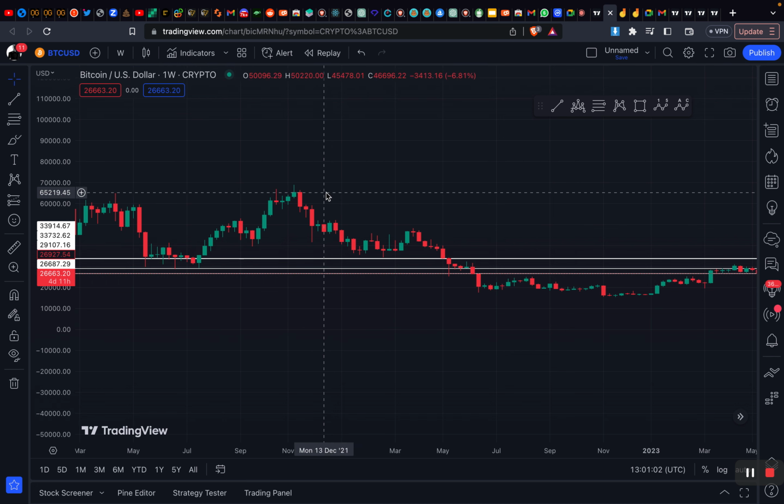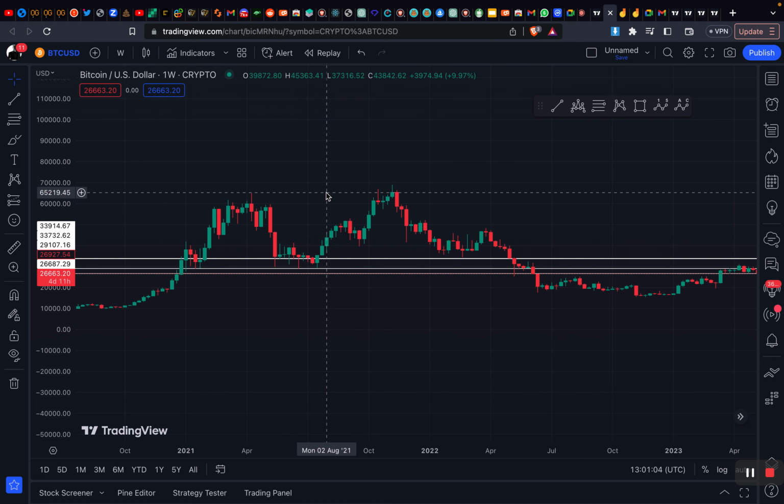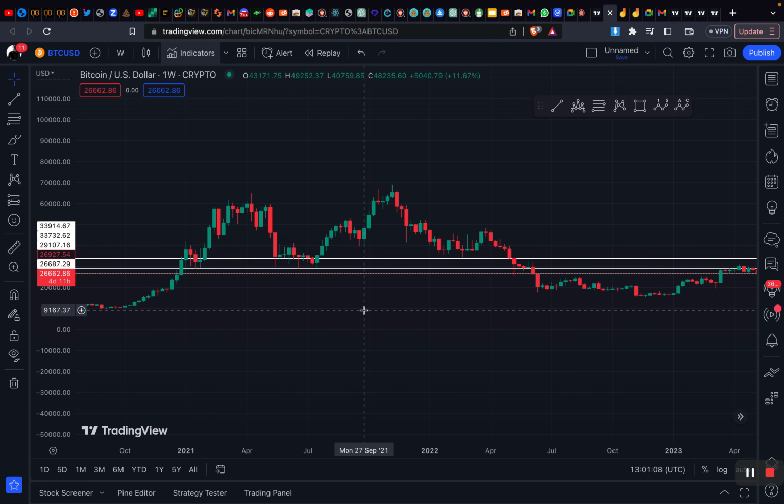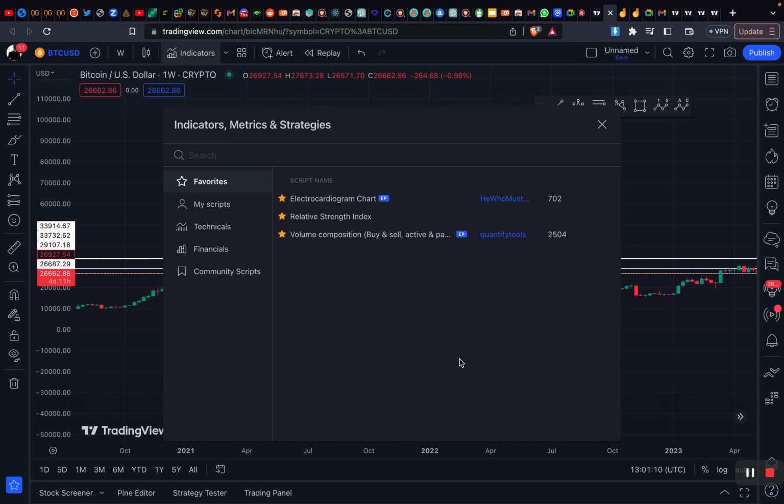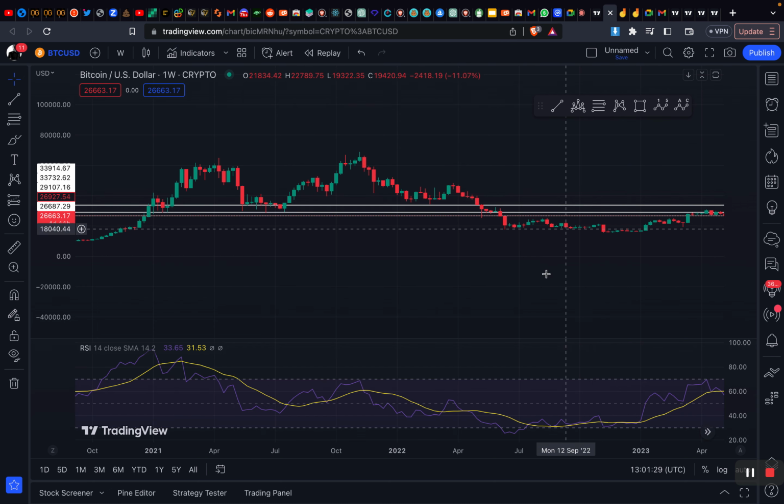Before now, we looked at using technical indicators like Bollinger Band. We said use Bollinger Band, use RSI, Relative Strength Index, and also use what's the last one? Volume composition. MACD. MACD was the last one.